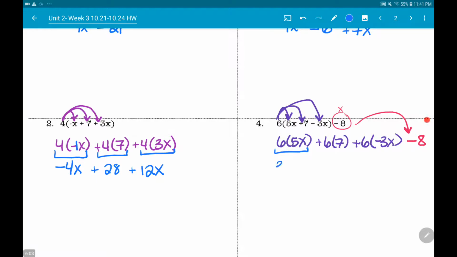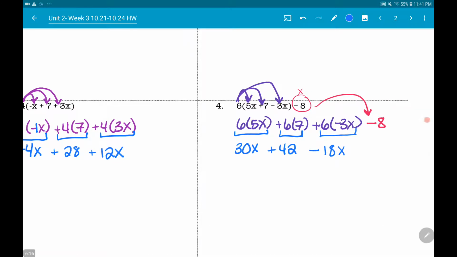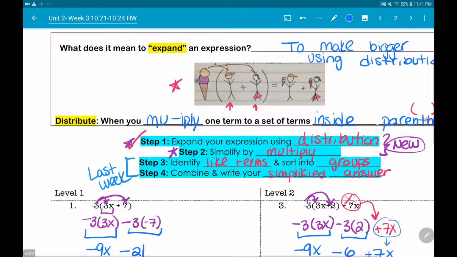So again, I'm just multiplying, and if it has a variable, I bring down the variable. If it doesn't have a variable, it's just regular multiplication. If I didn't do anything to it, like this -8, I just still bring it down. All right, so that was step number 2.